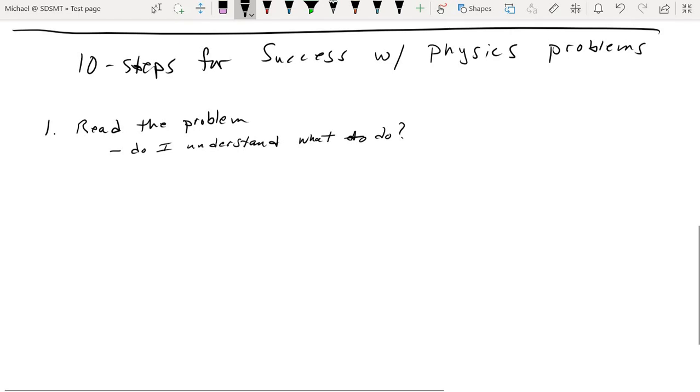Read it a third time. If you've read it so many times that you have the problem statement memorized and you still aren't quite sure what to do, then it's time to seek some help. There are numerous links with Wiley Plus where we can click on example problems. There are simulations, animations.